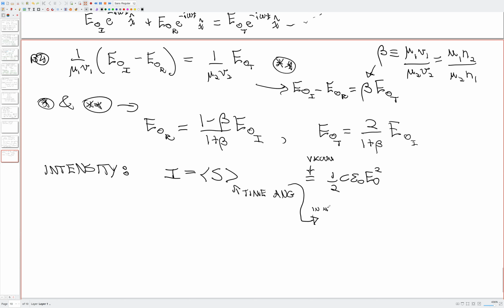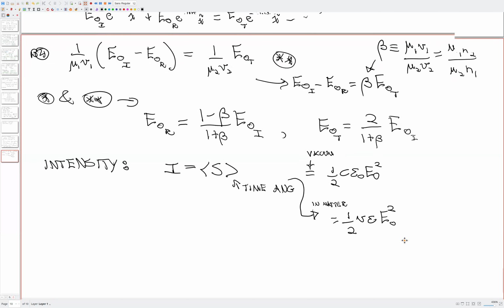So in matter, this is the same thing, except we now have to use the wave propagation velocity v with the epsilon for that medium with E0 squared. That's the intensity of the wave. It's the amount of energy that goes through a certain unit area per unit time.